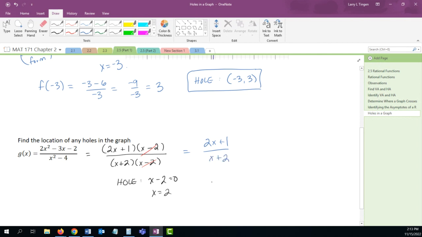So what is the y coordinate of the hole? Take the value of x that causes the hole, plug it into the reduced form. 2 times 2 is 4 plus 1 is 5. 2 plus 2 is 4. So I've got a hole at 2, 5 fourths.